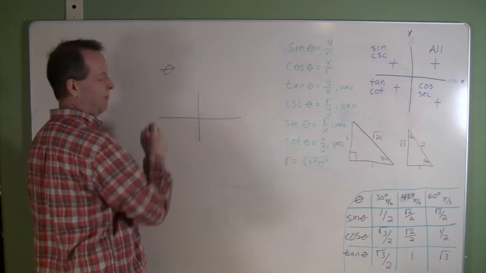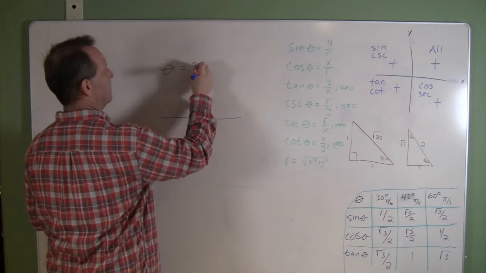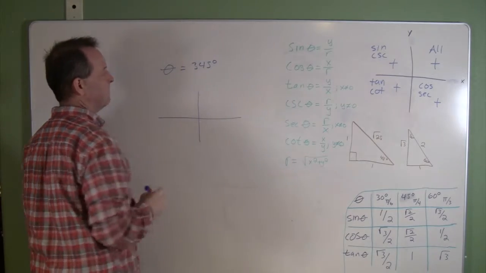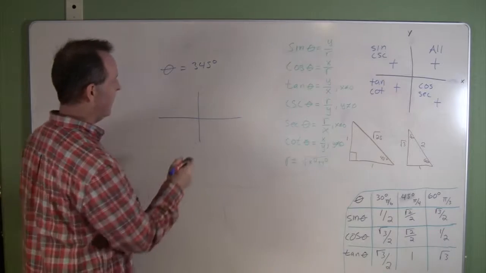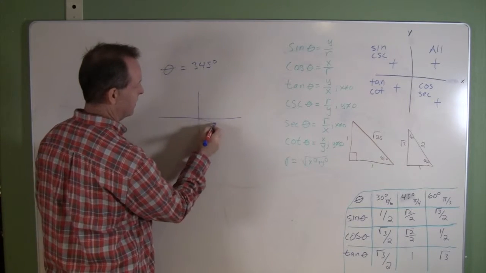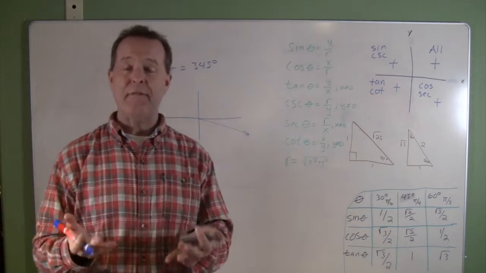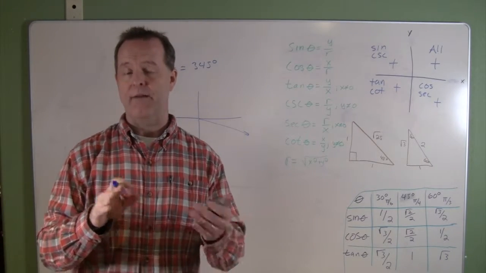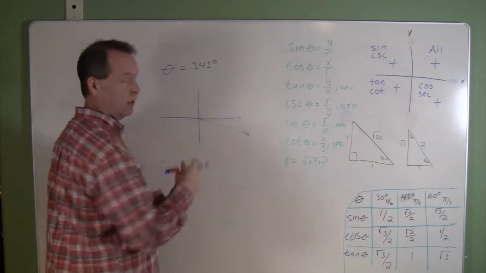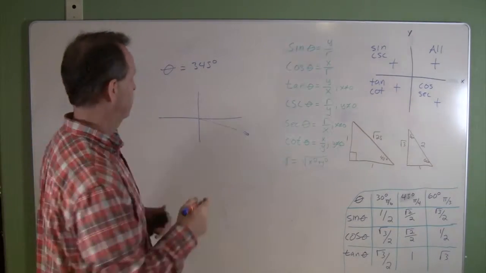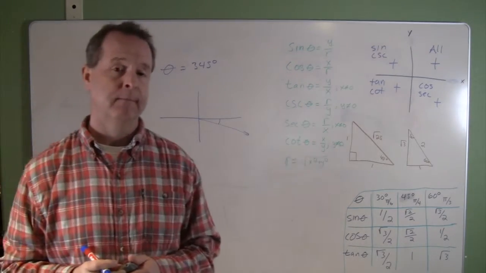Let's look at the example that I'm going to look at. I have a 345 degree angle that I'm exploring. And so 345 degrees is probably in about that direction or so. Well, its reference angle is not 345, rather its reference angle is the angle to its closest x-axis, which would make it that particular angle right there.